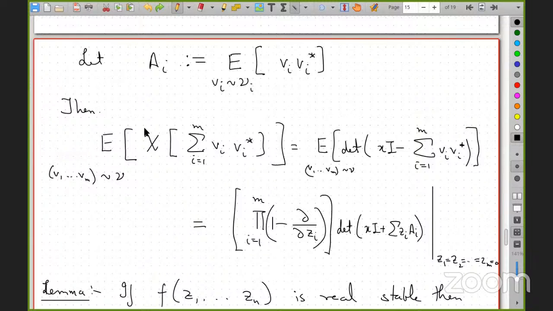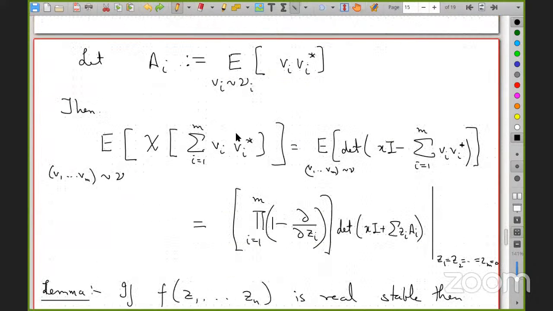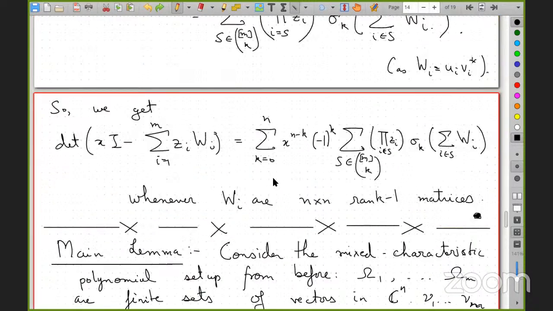It's immediately clear from all we have shown before that this right-hand polynomial is real rooted. But now I want to show that this right-hand polynomial is exactly equal to the polynomial we are interested in. But remember, what is the polynomial we are interested in?